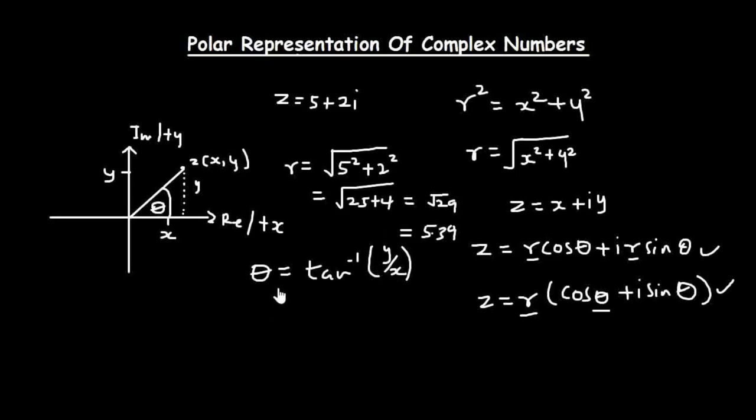So now let's find the argument. Theta equals the tan inverse of y over x. In this case, y is 2 and x is 5. So theta is equal to tan inverse of 2 over 5, which gives theta equal to 0.381 radians.